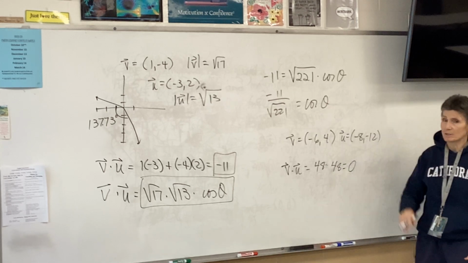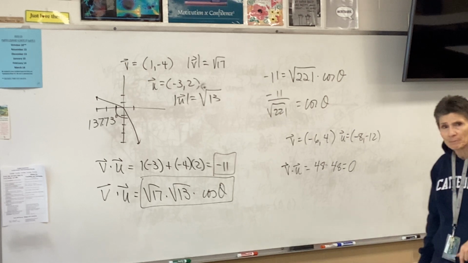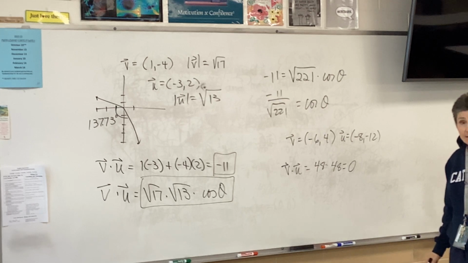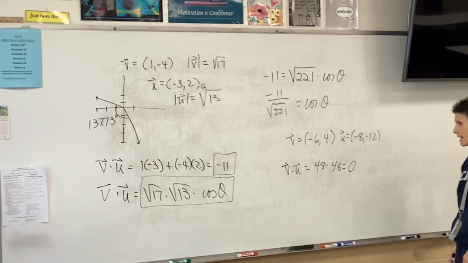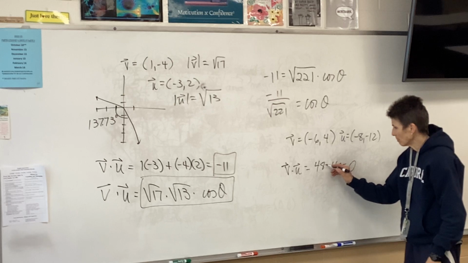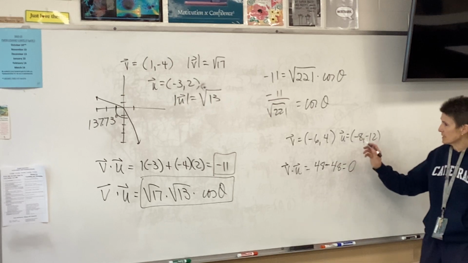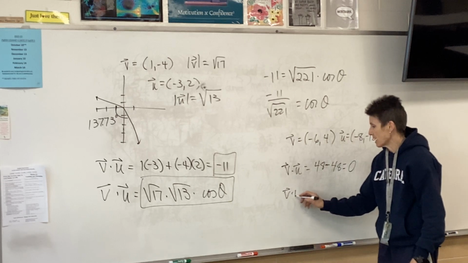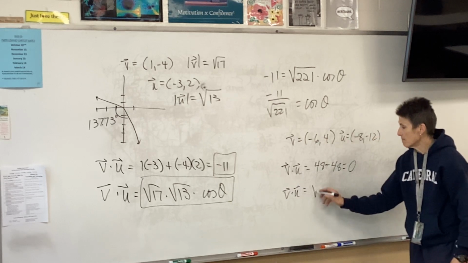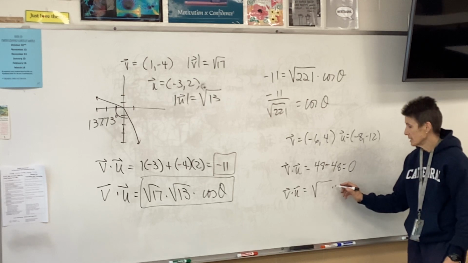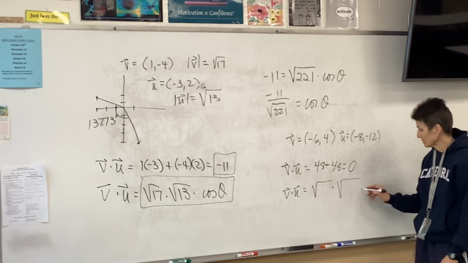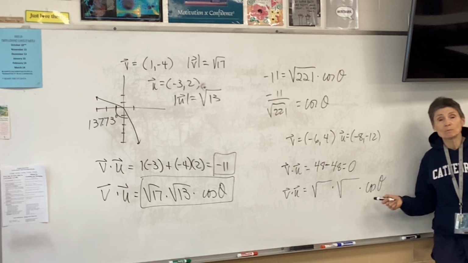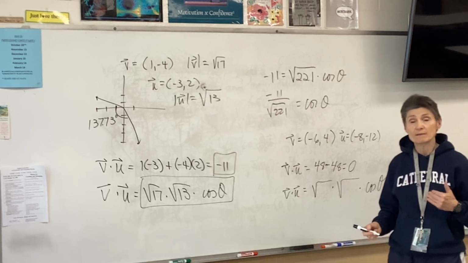Whoa, that's important. I just erased it. Let's just keep going and see if it all works out. One definition of the dot product is x times x, y times y, add them up. The other definition of the dot product is the magnitude of the first vector times the magnitude of the second vector times the cosine of the angle I'm looking for. In this problem, we are looking for the angle between the vectors.